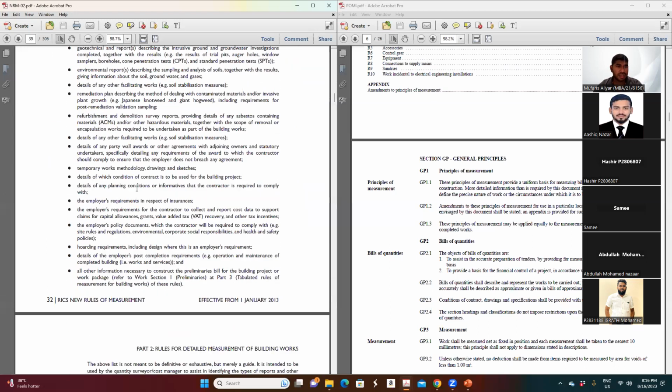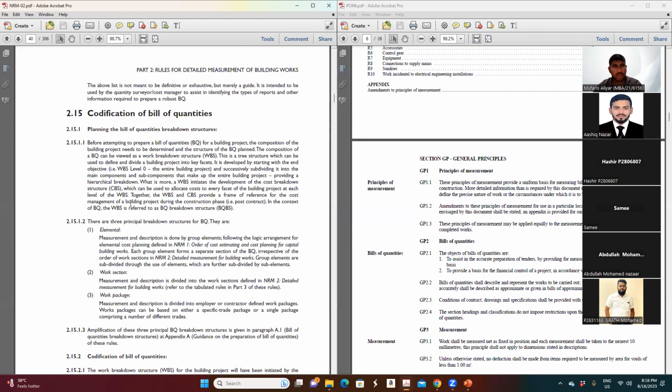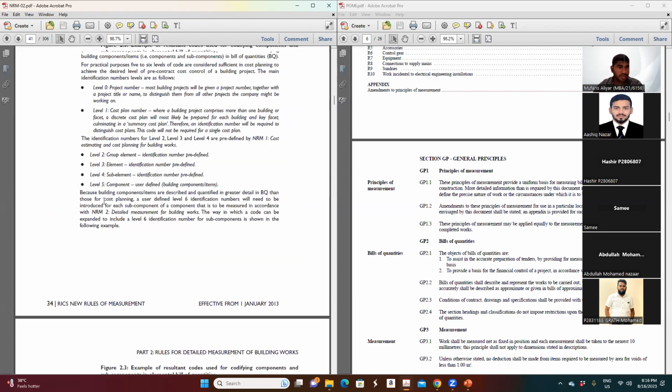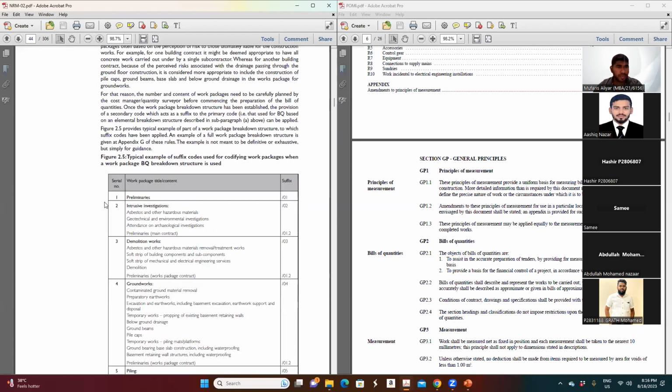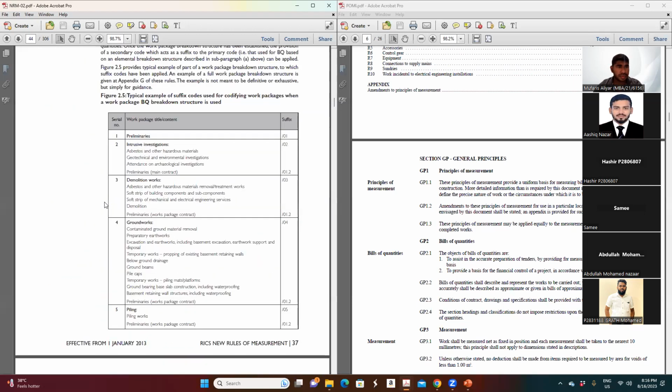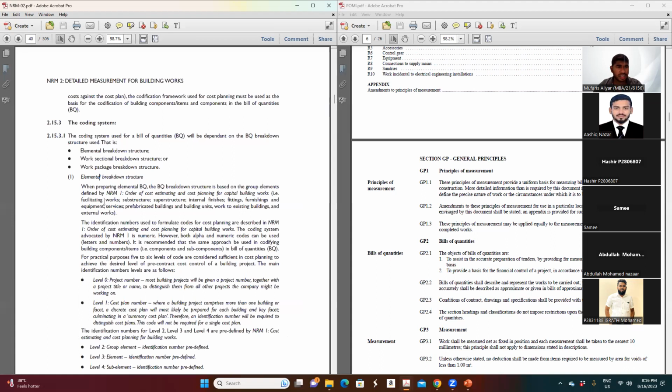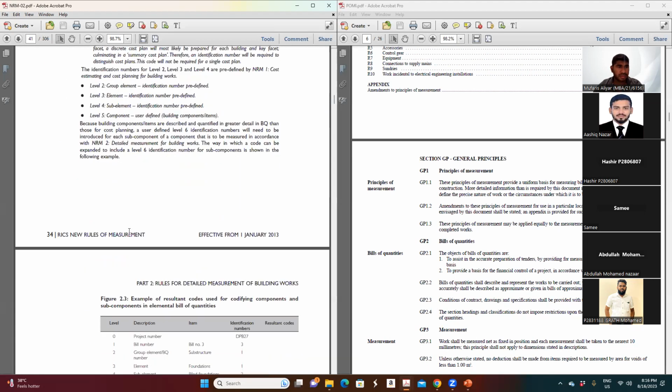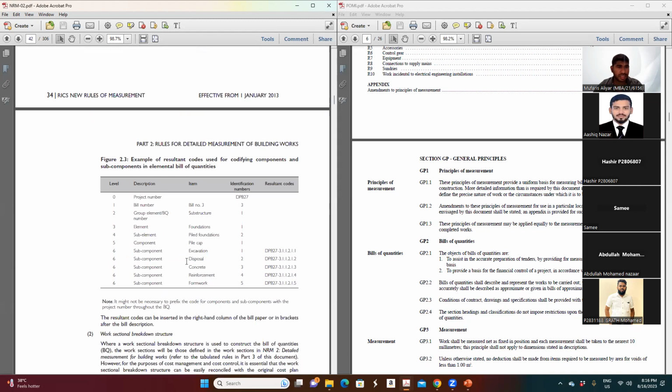Then straight away we come to an important thing. You just read and understand this coding system and the BOQs, how you code the bill of quantities.